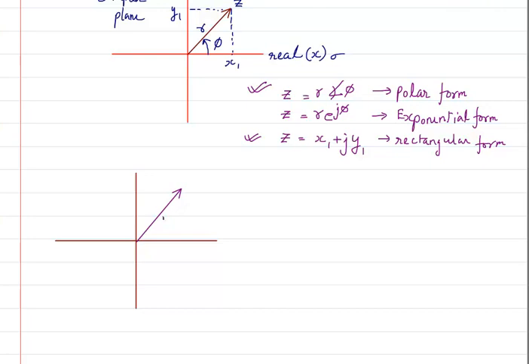Suppose it is moving such that the angle phi is varying with respect to time. Then d phi by dt is basically omega, which is called the angular velocity or angular frequency.